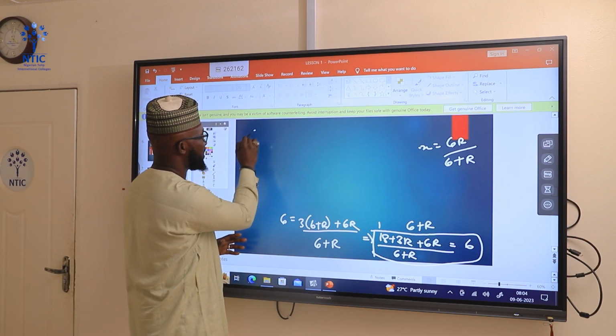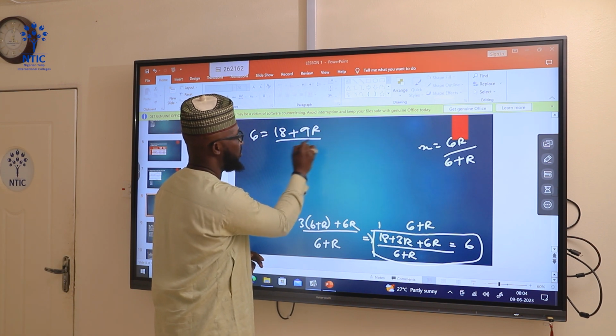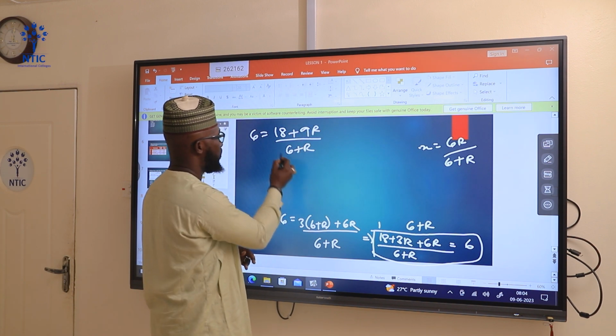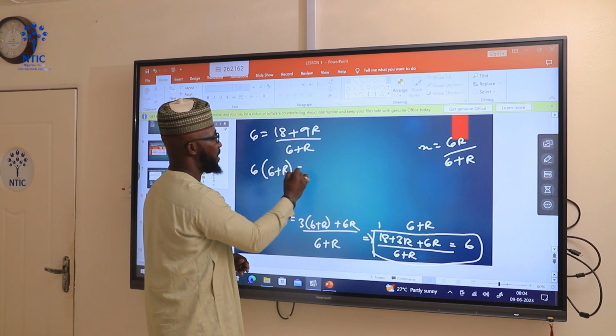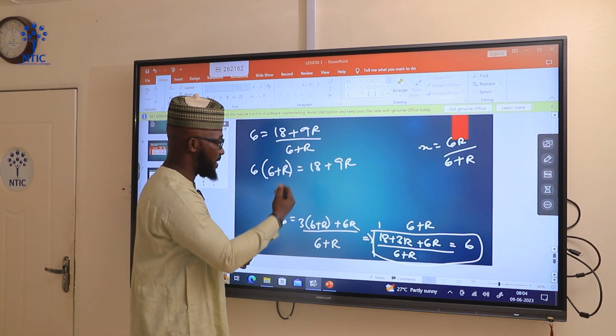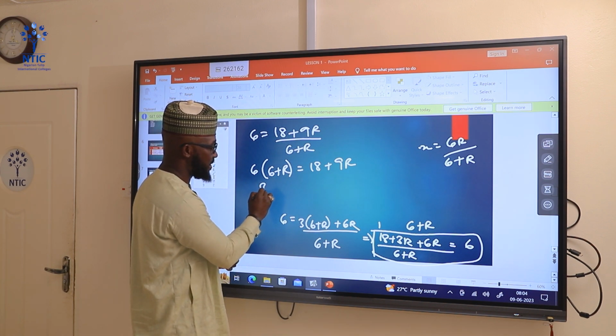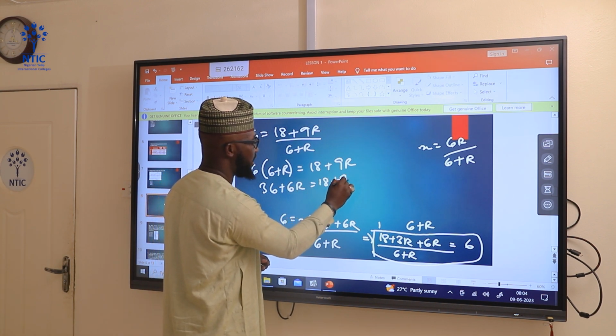Now we have 6 equals 18 plus 9R all over 6 plus R. We cross multiply by saying 6 into 6 plus R equals 18 plus 9R. Let's expand the bracket and then collect like terms. We have 36 plus 6R equals 18 plus 9R.